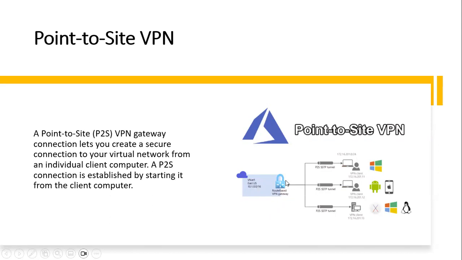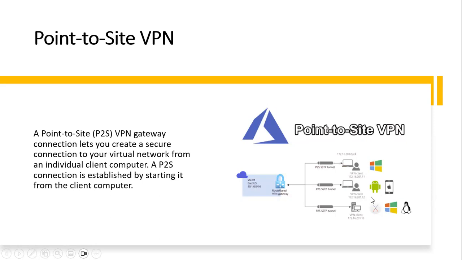So in point to site VPN, you are having one client computer. From this client computer, you are having a VPN gateway. Using this VPN gateway, it will connect to, say, the Azure site.